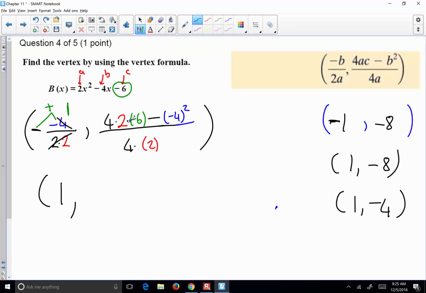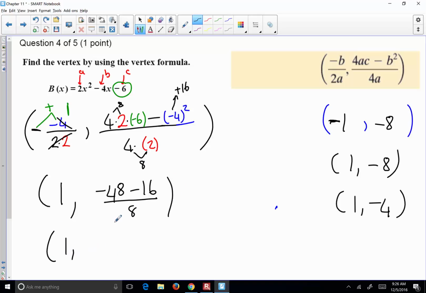Okay. Second, we compute this part first. 4 times 2 times negative 6 makes, 4 times 2 is 8. 8 times 6 is 48. Negative 48. How about this? You multiply this one first, okay? Minus 4 times minus 4 is positive 16. And then take the negative later. It's negative 16. 4 times 2 is 8.